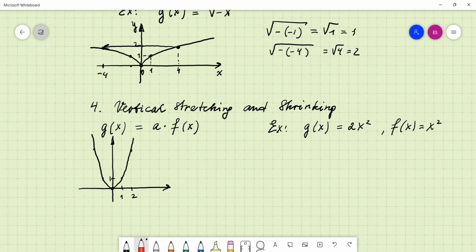And instead of 1, which it was, now it's going to be 2. If I plug in 2 here, it's going to be 4 multiplied by 2, which is going to give me 8. And this point will move somewhere here. That's going to be 8. And my parabola is going to look this way. I'm trying to make it look the same way.